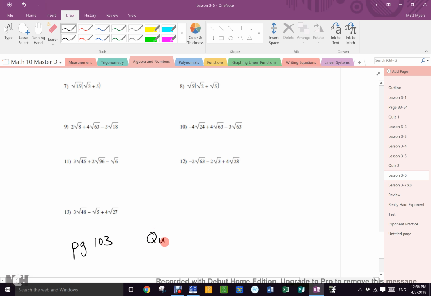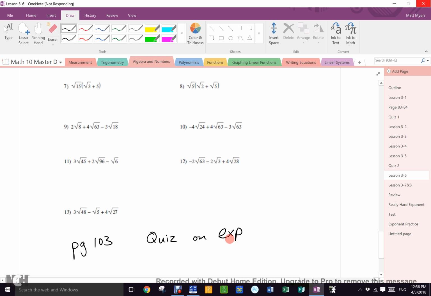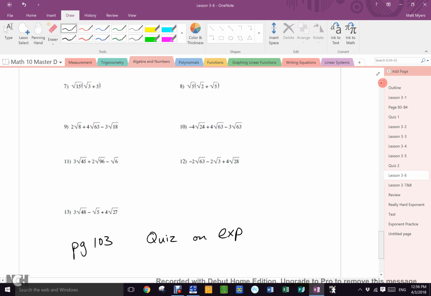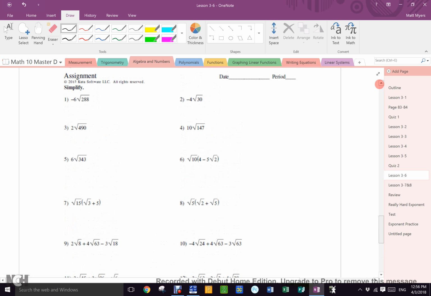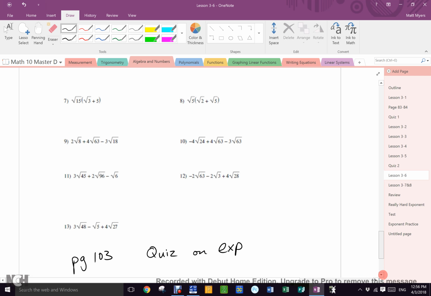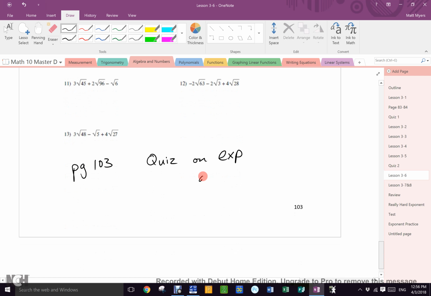You have a quiz tomorrow on exponents, which we reviewed today, and on questions 1 to 6 of this page, I believe. But my computer's frozen, so I can't check. No, 1 to 4. 1 to 5. Your quiz tomorrow is on exponents and numbers 1 to 5 on page 103.